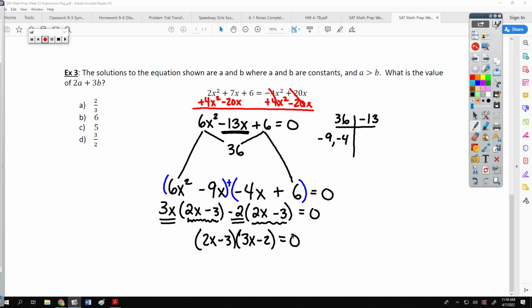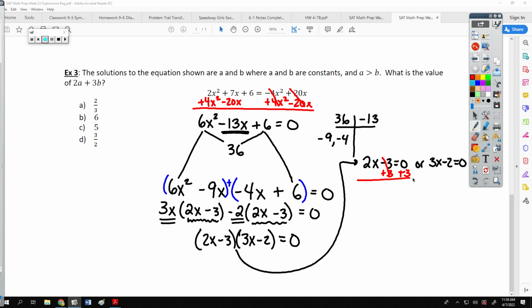Now what this means is, again, one of those two factors has to equal 0. So either 2x minus 3 equals 0, or 3x minus 2 equals 0. It has to be one of those two. So in each case, we can solve those equations, but they're not as easy as they were before. These are now two-step equations, which is another way that this is a harder problem, is that our answers actually end up being fractions, and you do need to leave them as fractions.